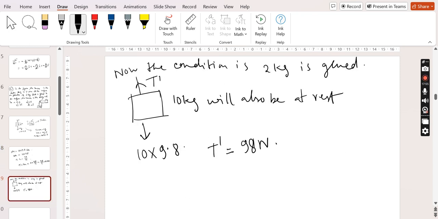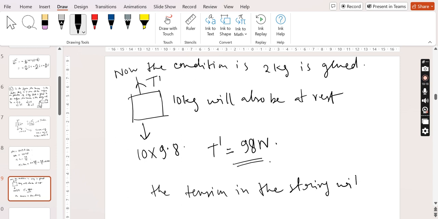But when the 2 kg mass gets fixed, then T dash, the string tension, is 98 N. So we can say that the tension in the string will be greater than T.